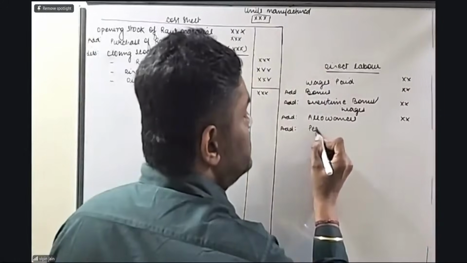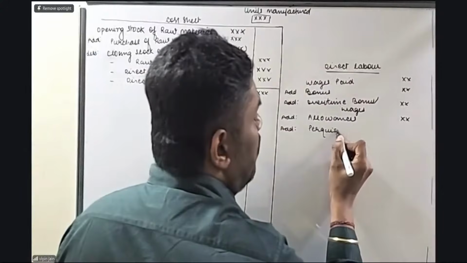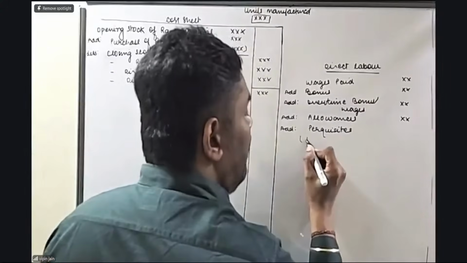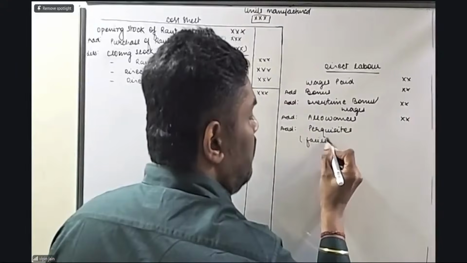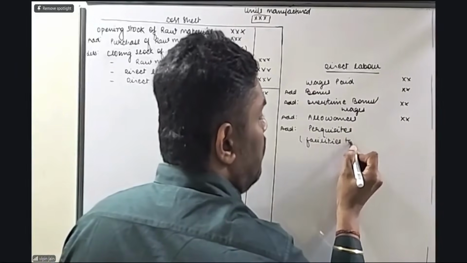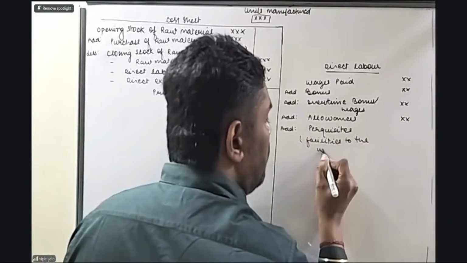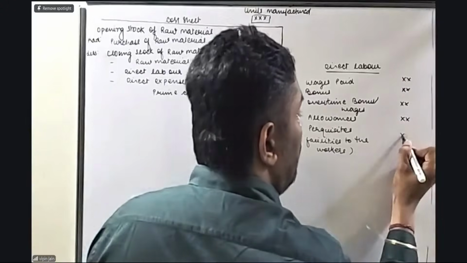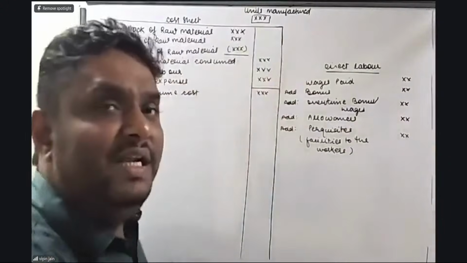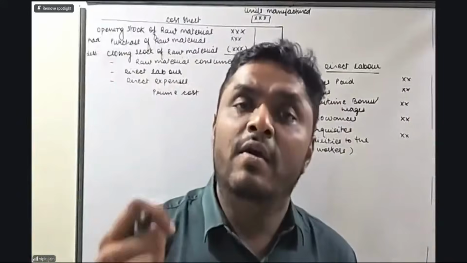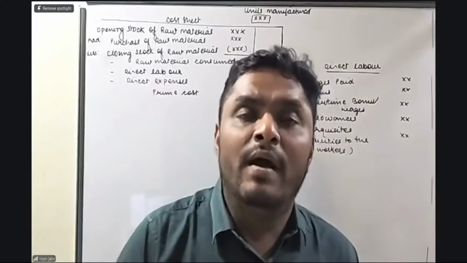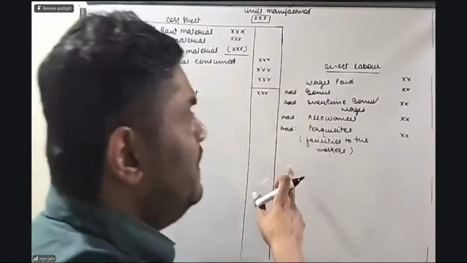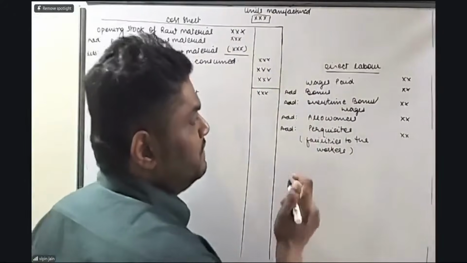So perquisites, that is, medical facility, pickup and drop facility, food facility, any sort of other benefits they are giving to the workers will be added to the direct labor cost.